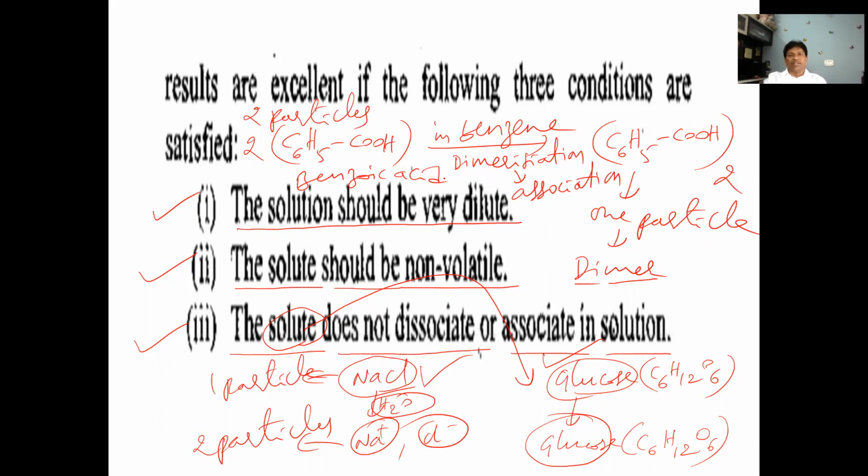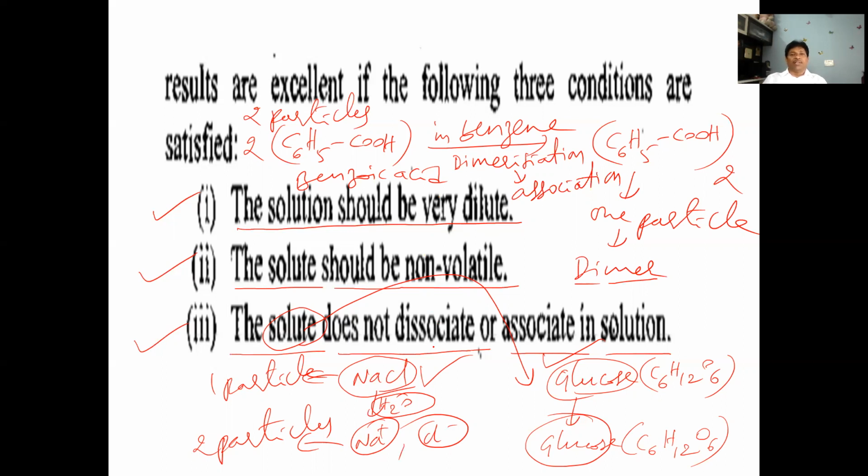It cannot be accurate. Why? Because the benzoic acid solute in benzene solvent is undergoing association. The condition to determine gram molecular weight accurately is that the solute should neither dissociate nor associate in the solvent.